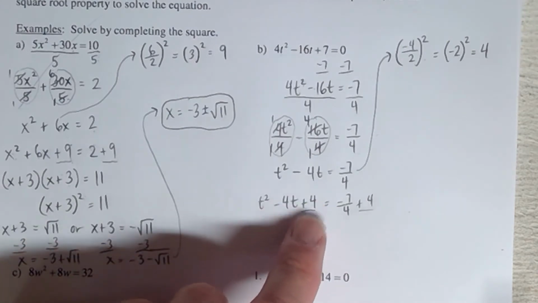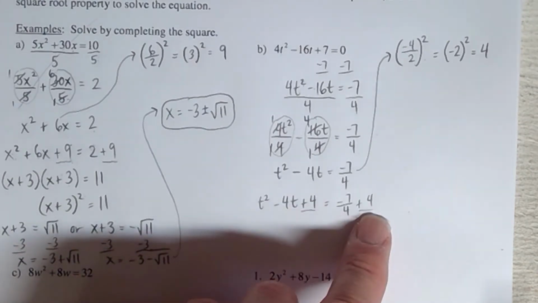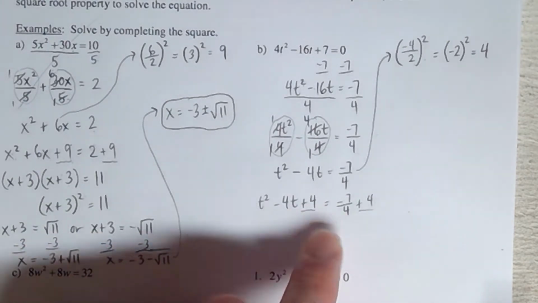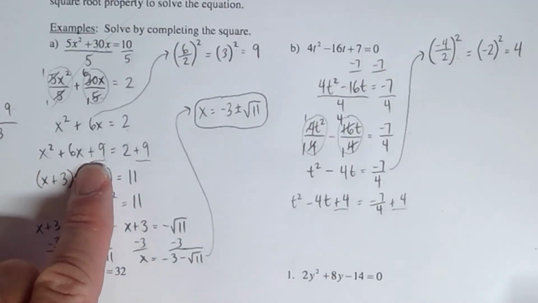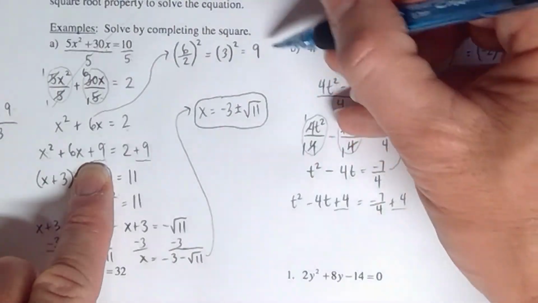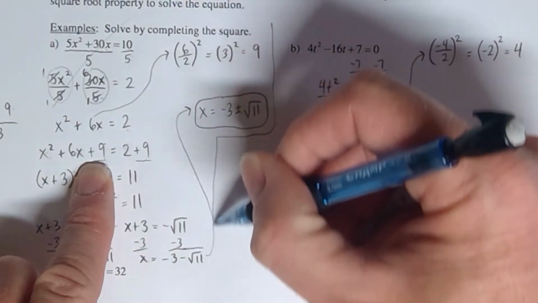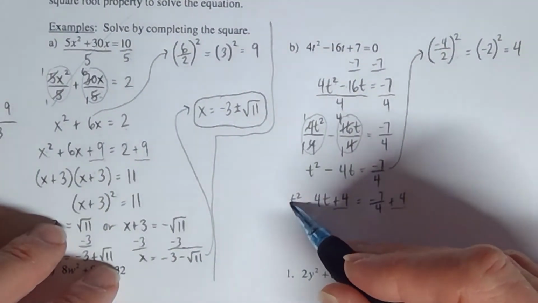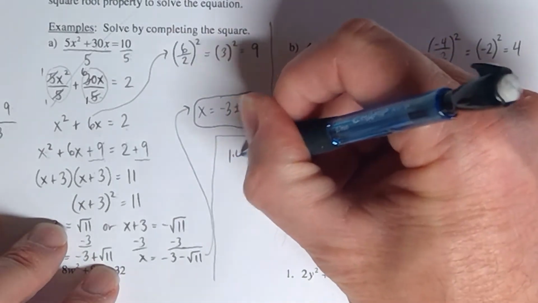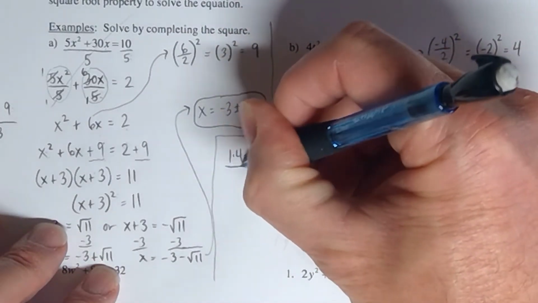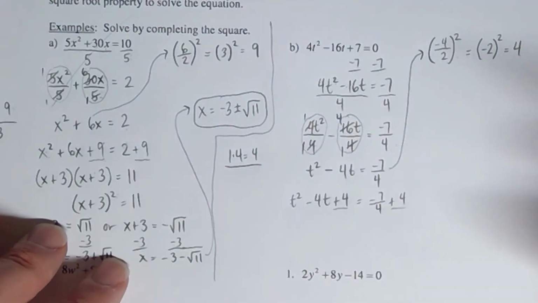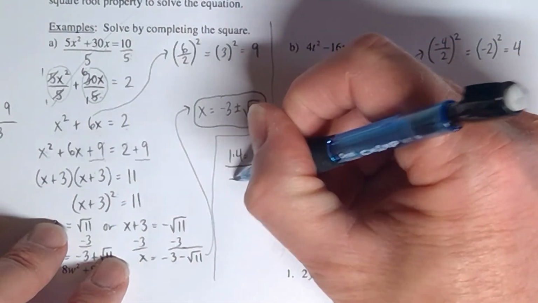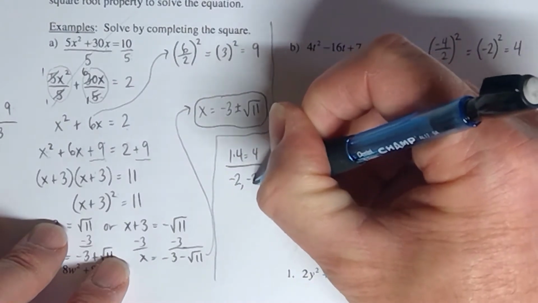But what is the left side equal to? Remember I said that after you add that number to both sides, you've got to factor this. And we did the Berry method on that. We'll do that same thing here. So the Berry method says 1 times 4 is 4. And then what two numbers add up to negative 4 that also equal positive 4 when you multiply them? That would be negative 2 and negative 2.